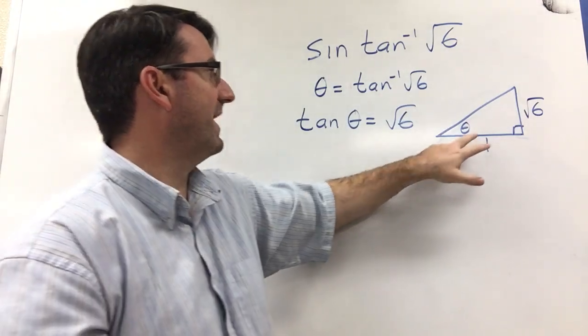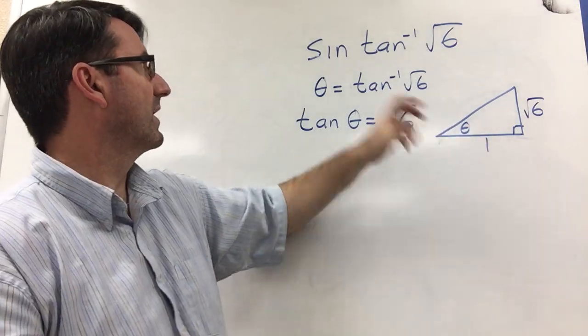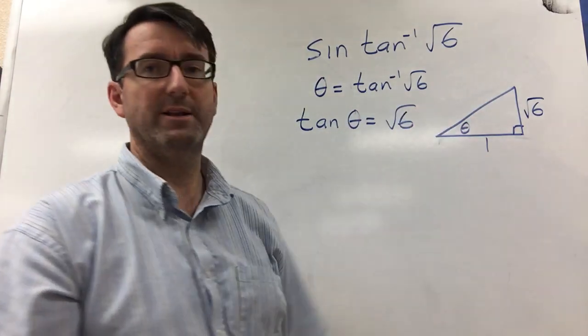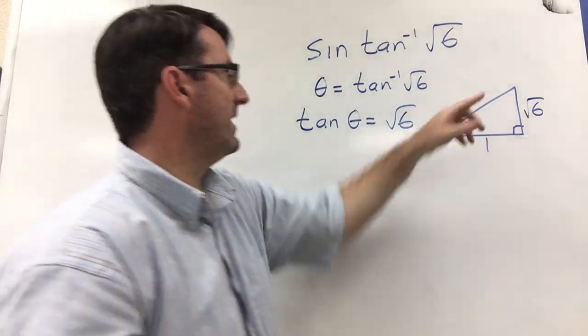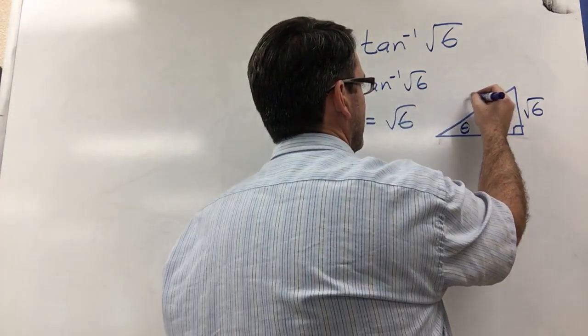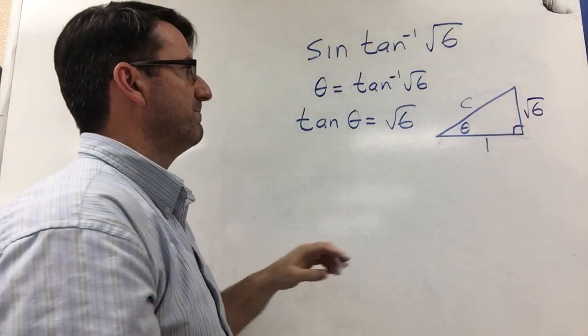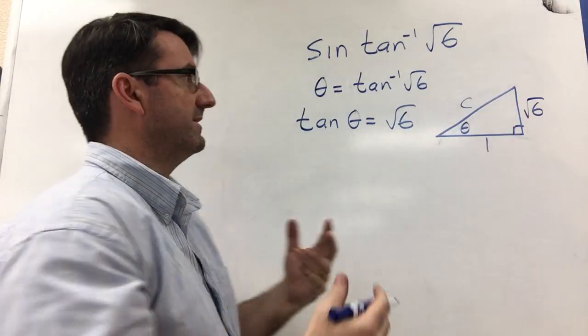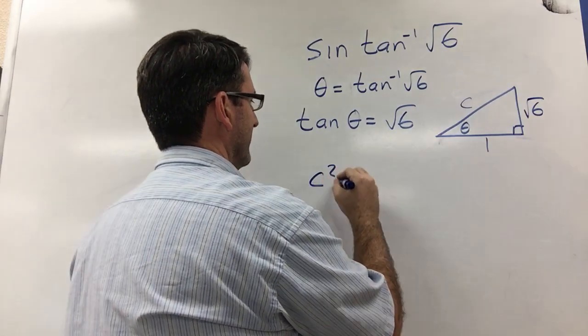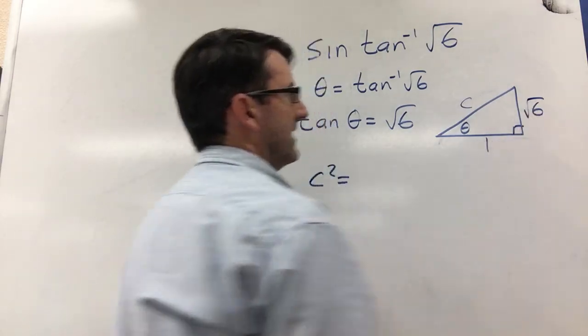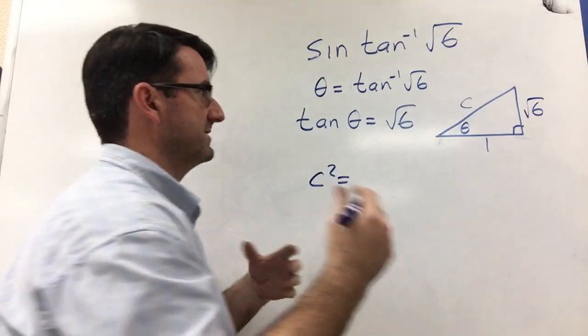And now in order to find the sine of this theta, we need to find the hypotenuse. So the hypotenuse, let's call that C for right now. And we'll use the Pythagorean theorem to find C. We know that C squared is going to be equal to the sum of the squares of the other two sides.